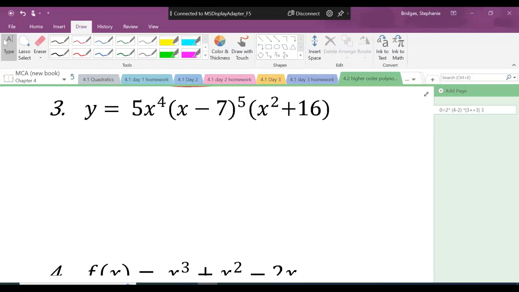So go ahead and do the first two. Work with the 5x to the fourth and work with the x minus 7 to the fifth. Hold off on that last piece because we're going to have to talk about it and then go back and look at what kind of solutions it tells us to give.